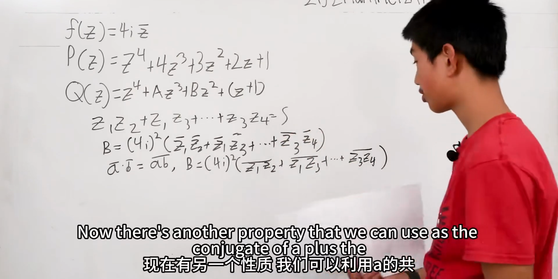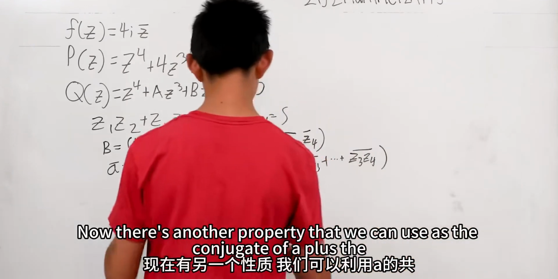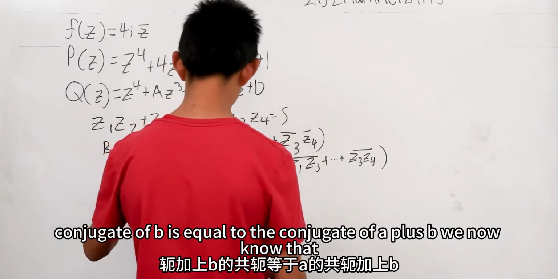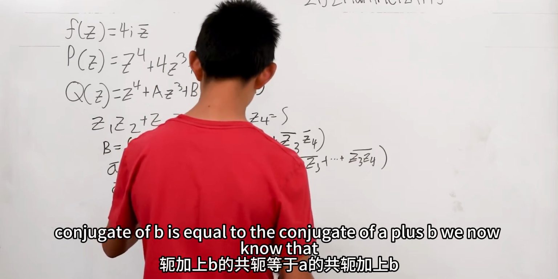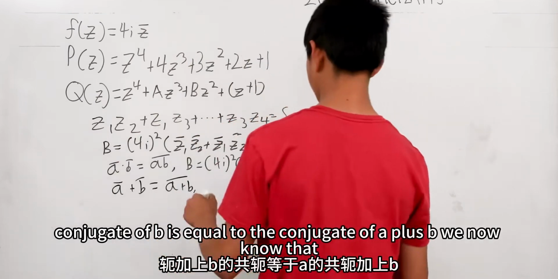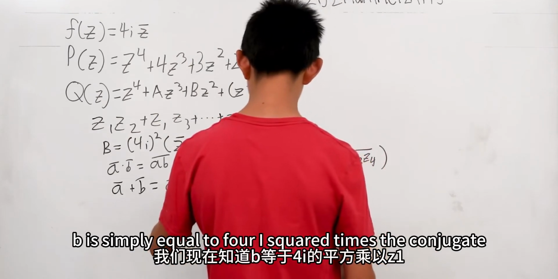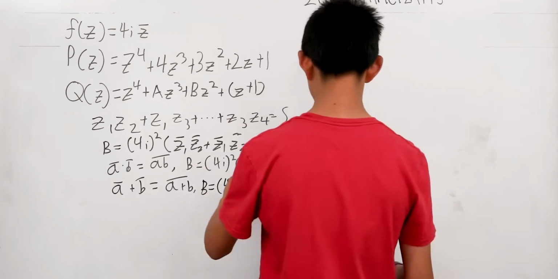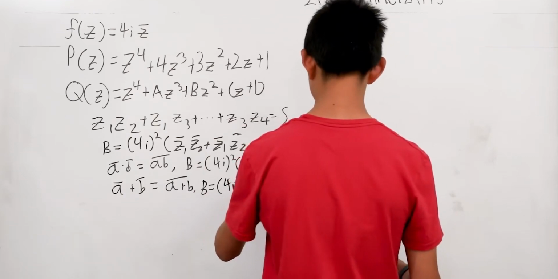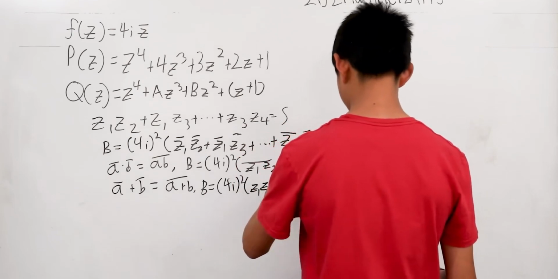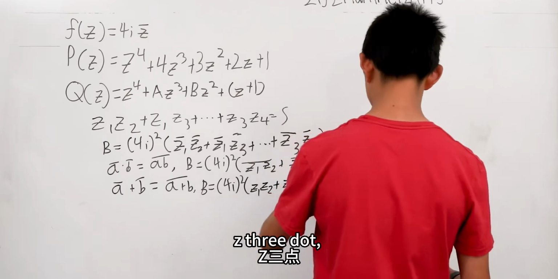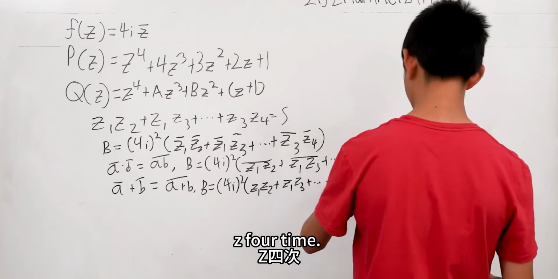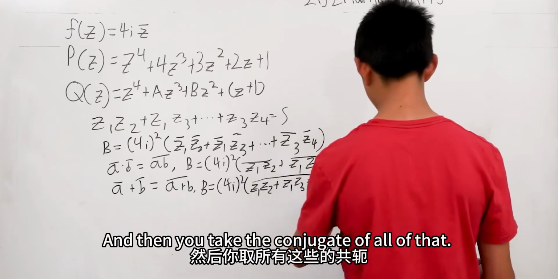Now, there's another property that we can use: the conjugate of a plus the conjugate of b is equal to the conjugate of a plus b. We now know that b is simply equal to 4i squared times the conjugate of z1 z2 plus z1 z3, dot, dot, dot, plus z3 z4, and then you take the conjugate of all of that.